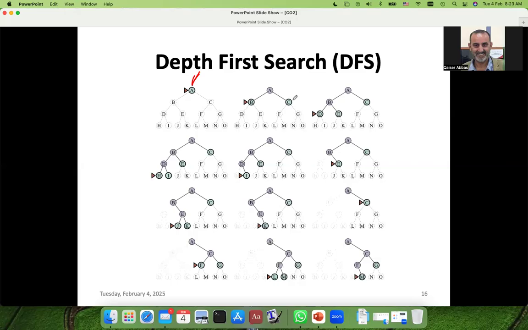Always the left and the deepest node. So it will select this B, since it is on the left and the deepest. It will pop this node out from the frontier and then generate new nodes D and E, and add them into the frontier again.